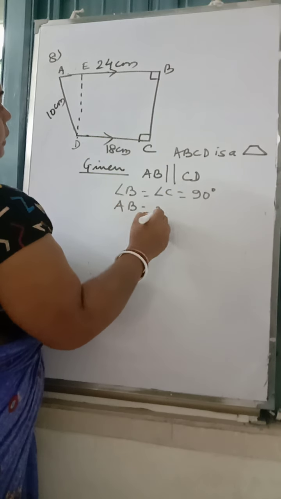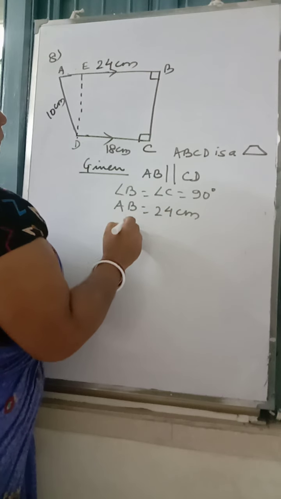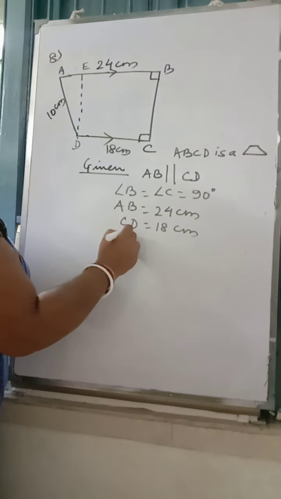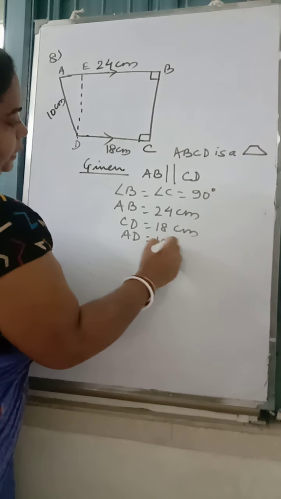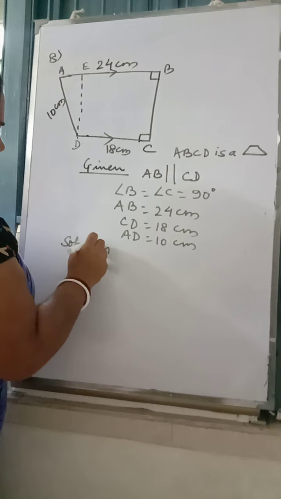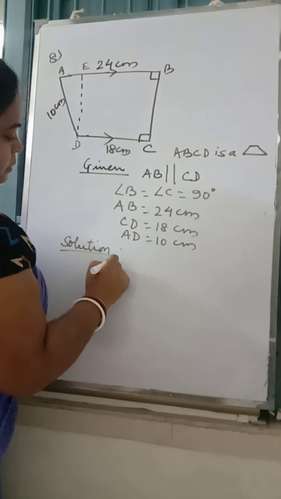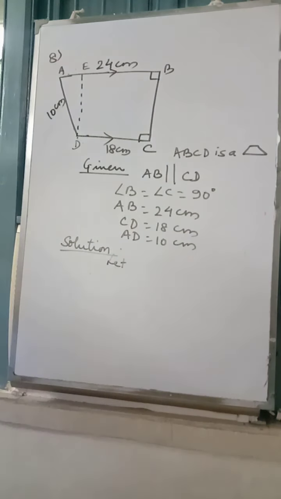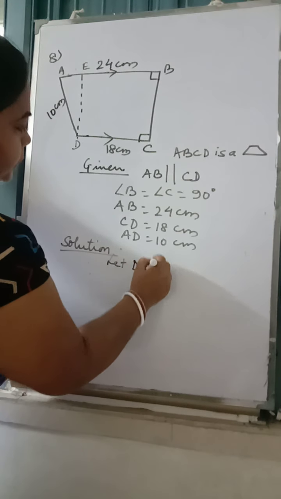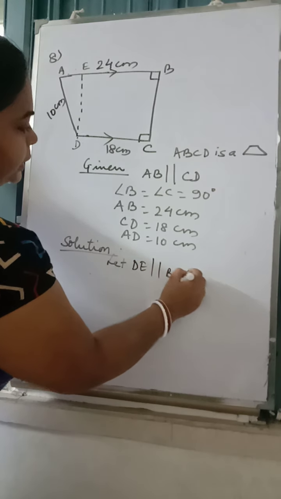AB 24 centimeter and CD 18 centimeter. AD 10 centimeter. Now solution would be, let DE parallel to BC constructed.